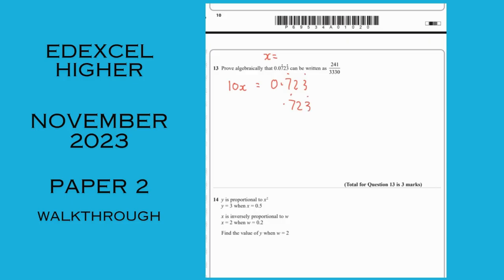It'd be nice if they did that again, so the only way we can do that is if we move them all up. The only way to do that is times by 1,000. So we get 10,000x equals 723, and all this nonsense when we subtract disappears.